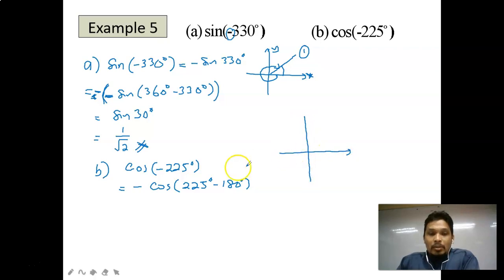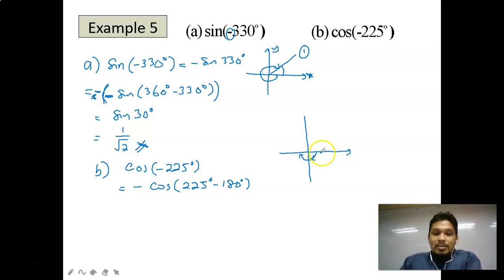Okay, the angle is negative 225. Again, it's a clockwise direction from here to negative 90, negative 180.